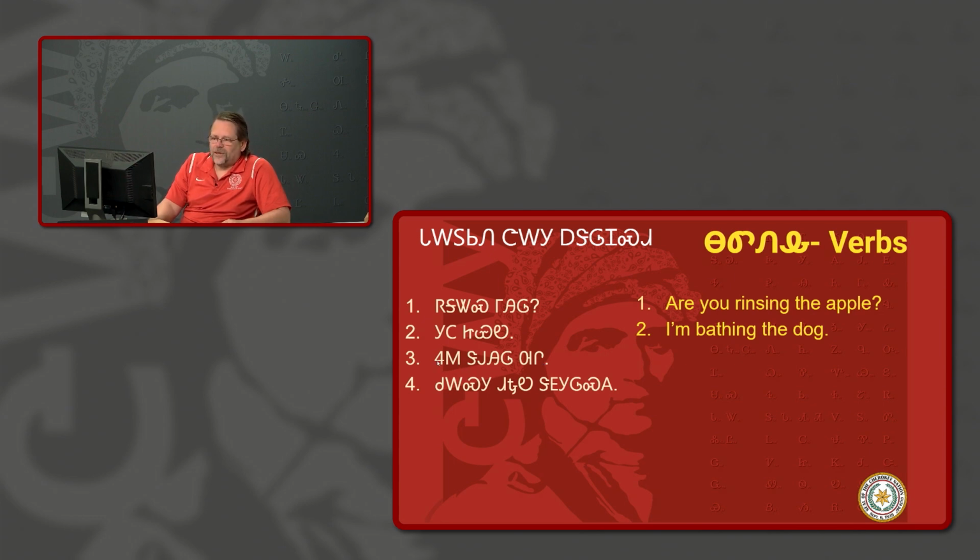So se lu, corn. De gu hi lo is he or she is washing more than one thing that's long. Me li is Mary, so Mary is the one doing it. Mary is washing the corn on the cob, right?